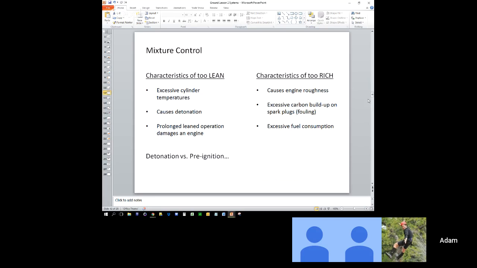What does this do? From a chemical perspective, not only does the fuel provide combustion for your engine, but it also is a cooling agent. The more fuel you dump into the engine, the cooler your engine's going to run. A little counterintuitive, right? Because you think more fuel, more combustion, more heat. But it just so happens that the more fuel you throw at your engine, the cooler it will run.